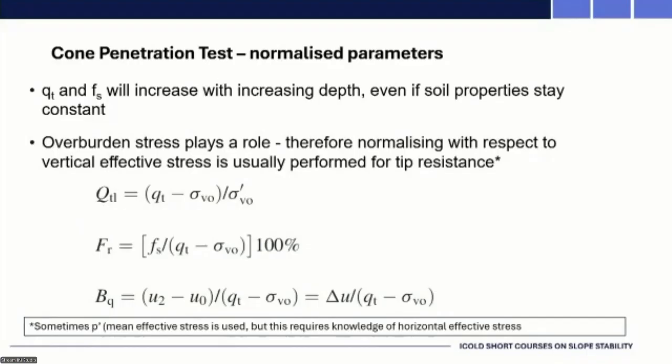The friction ratio is just the measured skin friction divided by the tip resistance minus sigma V0. And the BQ parameter that Louis was talking about takes that U2 parameter, the dynamic or the excess pore pressure, minus your equilibrium, divided again by that QT minus sigma V, which can be expressed as delta U over that term. So these are these normalized parameters that we use.